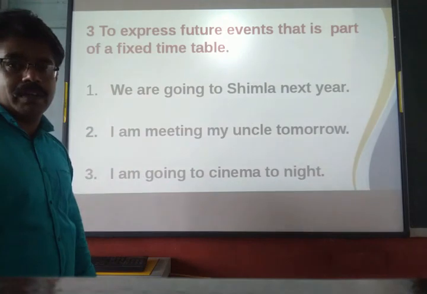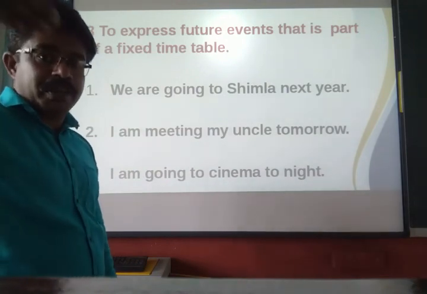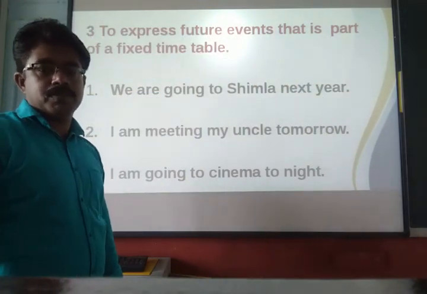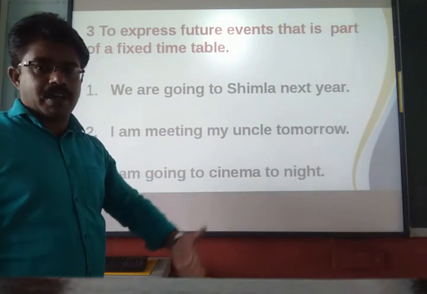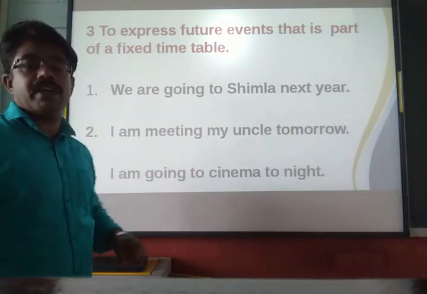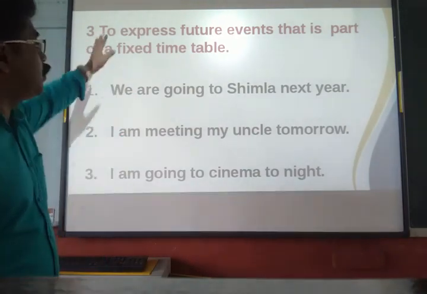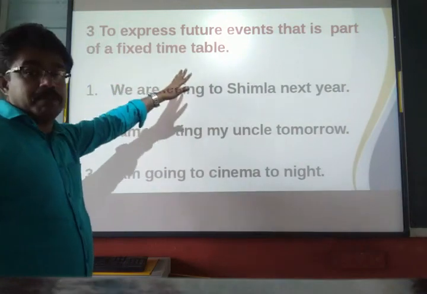My uncle arrives. We know that it is already fixed that uncle arrives on such and such a date. School reopens on such and such a date. We know it is arranged. We can use it in the continuous form as well, to express future events that are part of a fixed timetable.